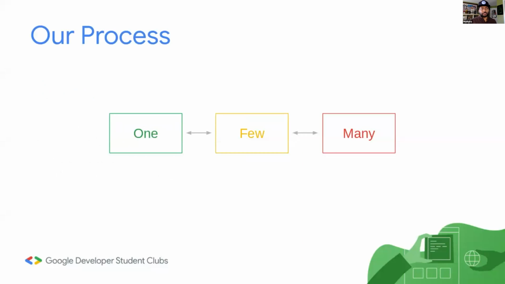Our process is somewhat similar within Google. What we do is have this one-to-few-to-many approach. The one being us, Google, the few being you, the DSC leads, the clubs, and the many being your members. As you can see, the arrow goes both ways. We send out content bundles, we put campaigns together, we build the technologies, and then you go spread the word with your communities.